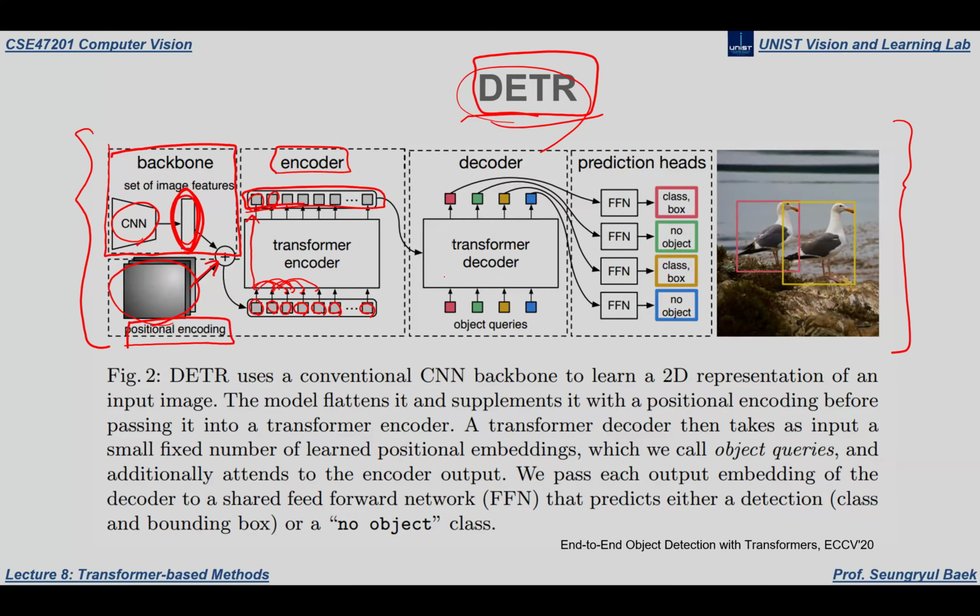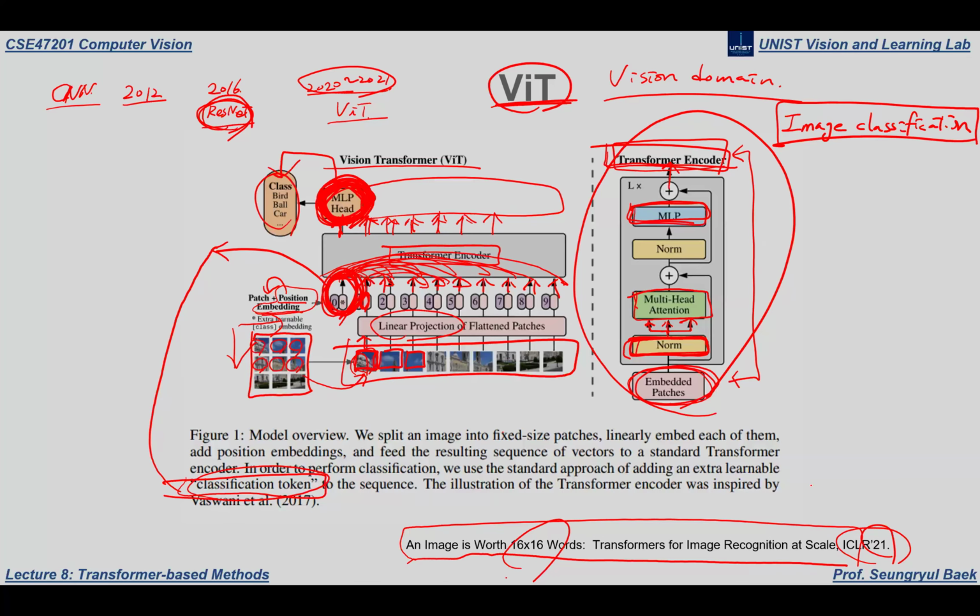So the encoder of the transformer normally does the feature improvement.